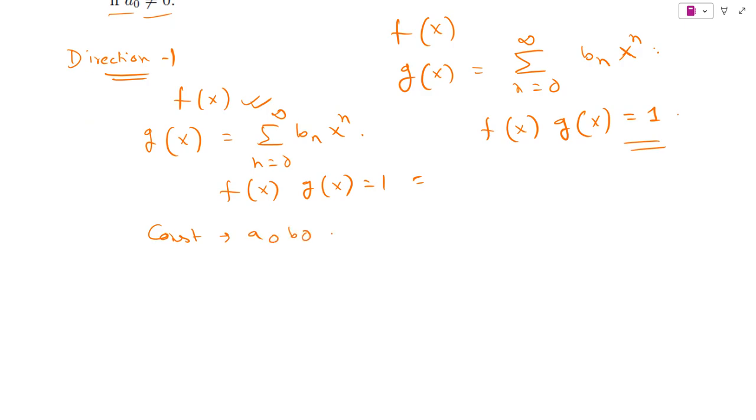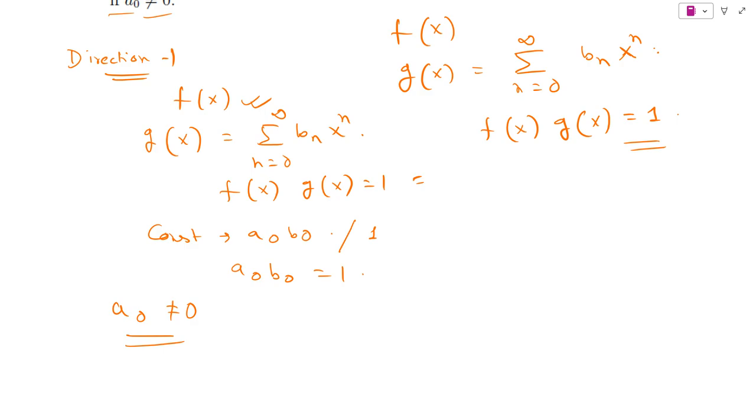The constant term of 1 is simply 1, and therefore a0 b0 is equal to 1. And since K is a field, 1 has no zero factors, so hence a0 is not equal to 0. So this proves the first direction. Whenever two power series are multiplied, the constant term is obtained simply by multiplying the two constant coefficients.